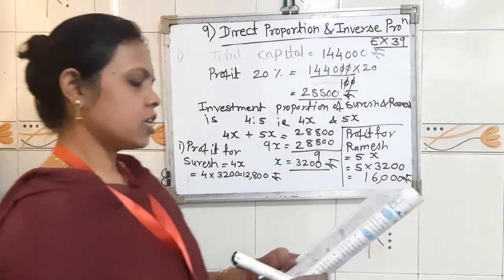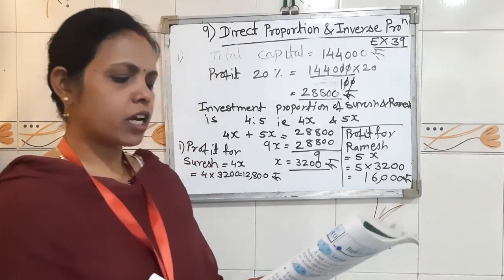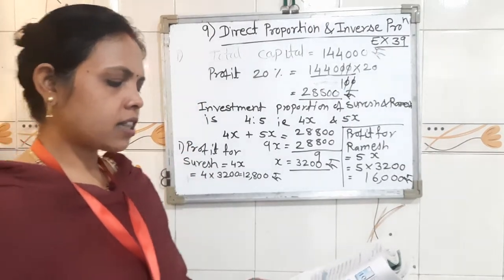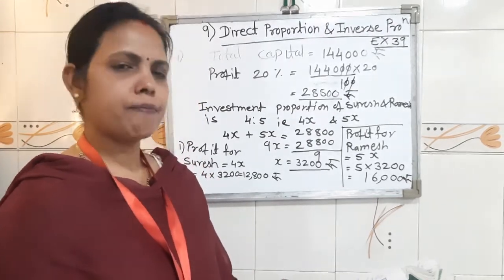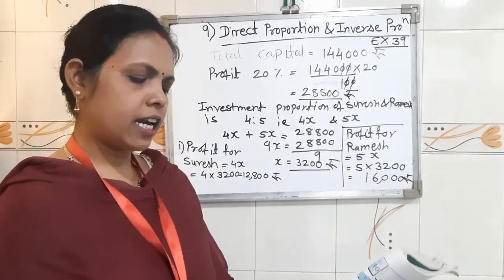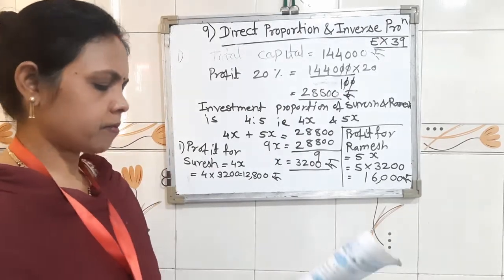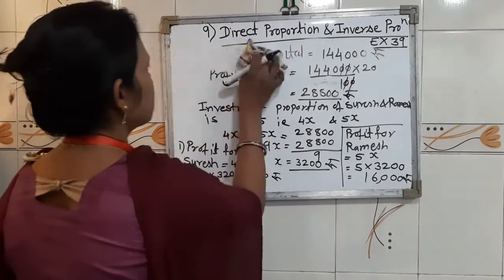Question number second. Virat and Samrat together invested 50,000 and 1,20,000 rupees to start a business. They suffered a loss of 20%. So children, write down the first statement.